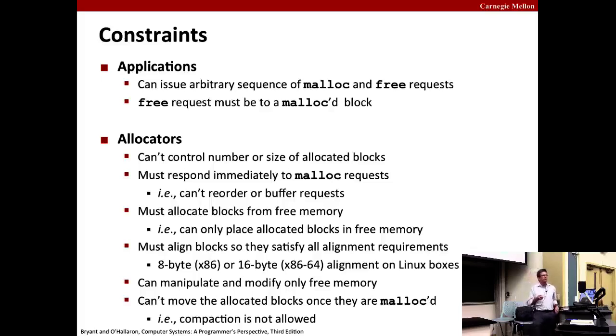Now, because blocks are holding data structures like structs or scalar objects, they have to be aligned to the size of the largest object that can occur. For 64-bit systems, that's 16-byte alignment. For 32-bit systems, it's 8-byte alignment.